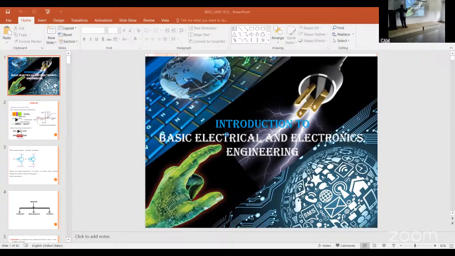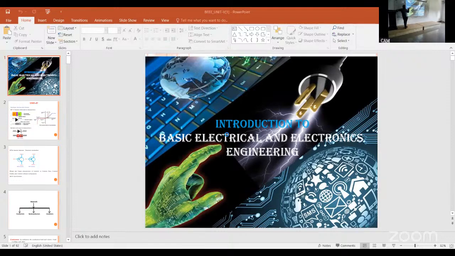Intrinsic semiconductors are there, extrinsic semiconductors are there. What is meant by an intrinsic semiconductor? The pure form of material is known as an intrinsic semiconductor. If we add some more material, that is called impurities.